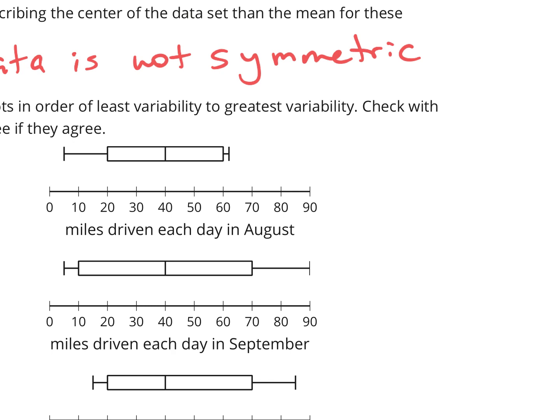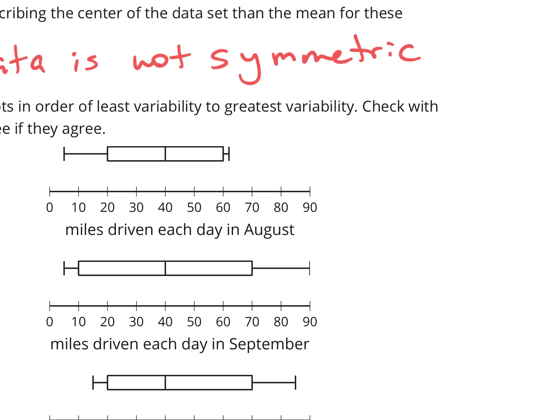You could use range as determining the variability, but in general, when it comes to the overall variability of data, we really want to focus on that middle 50% because what that does is it kind of takes out any possible outliers that may be existing. So let's go ahead and calculate the IQR for each of these.